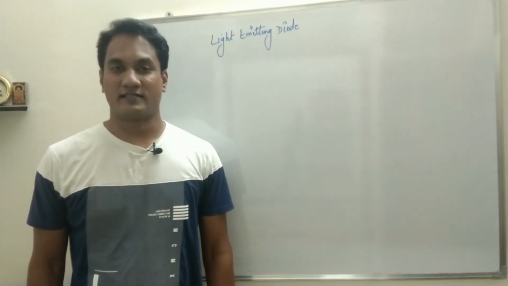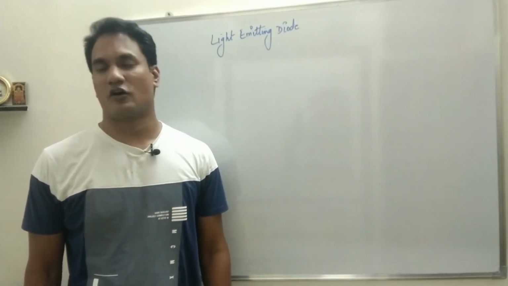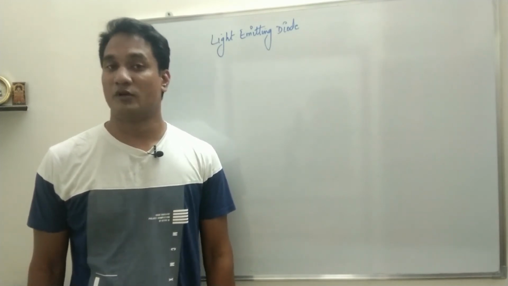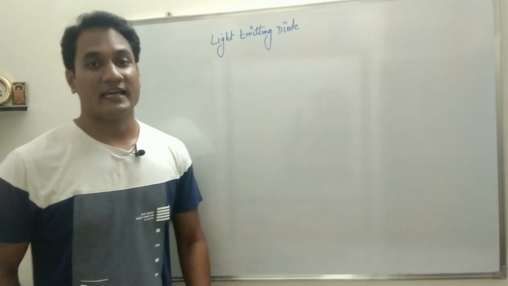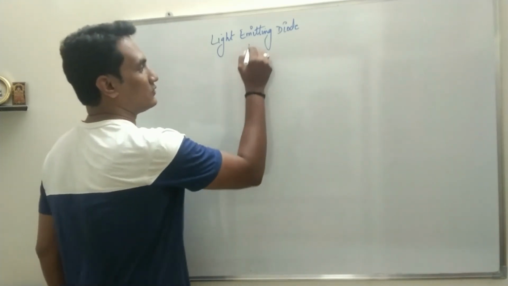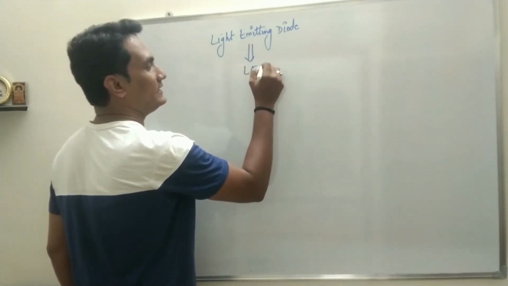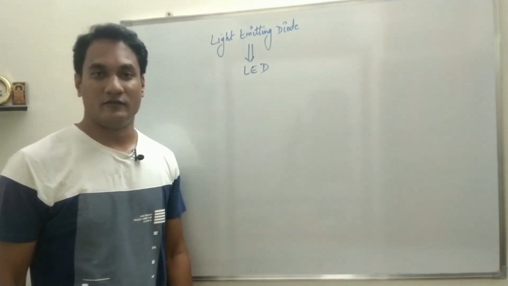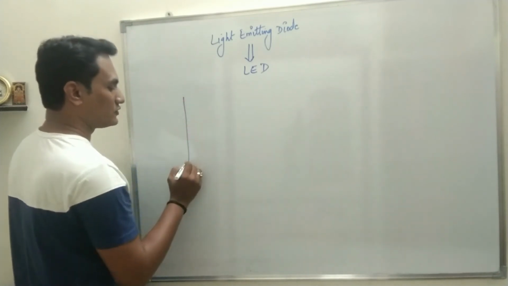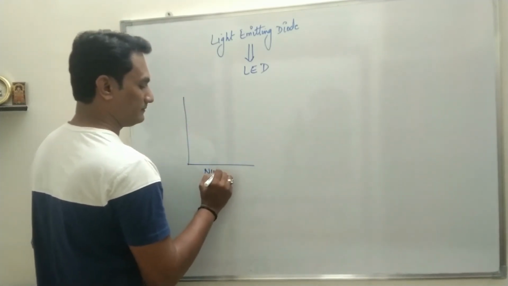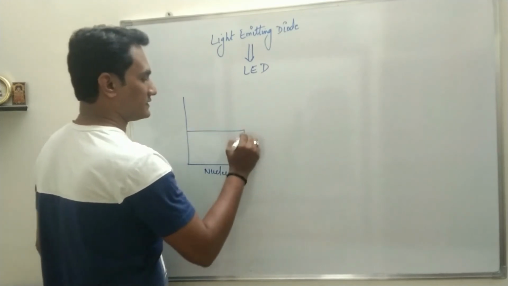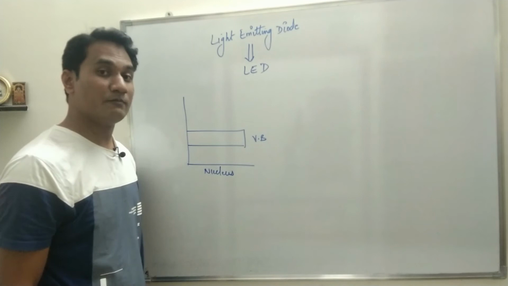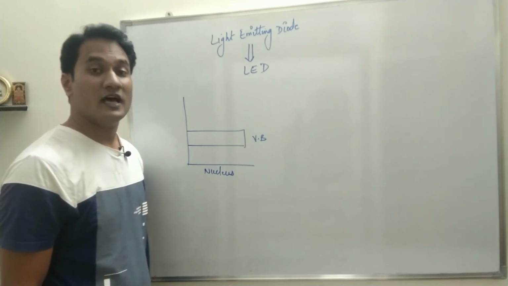Now let us try to understand the last type of p-n junction diode which has to be studied in unit number 1, that is the light emitting diode. In short, it is also called LED. Let us try to understand what exactly we mean. Of course you know that this is the nucleus, this is the valence band, that means the range of energy possessed by the electrons present in the outermost orbit.